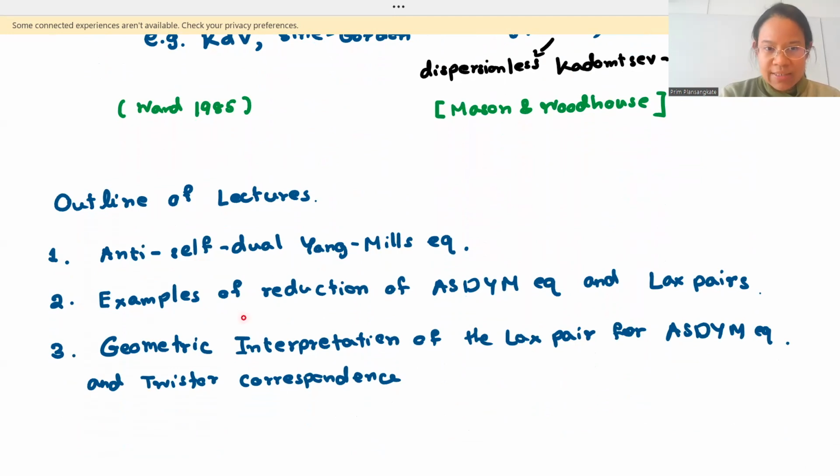Then we will look at some examples of reduction of the equation and one of the integrability features, which is the Lax pairs. And then finally, I'd like to discuss the geometric interpretation of the Lax pair, which would lead to the twistor method for the integrability of the anti-self-dual Yang-Mills equation. So yesterday we started on this one.